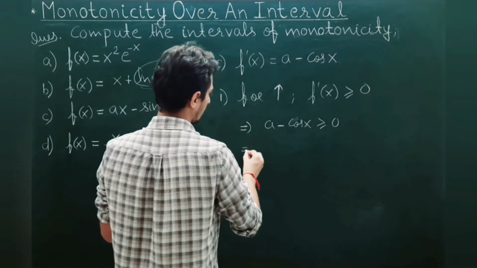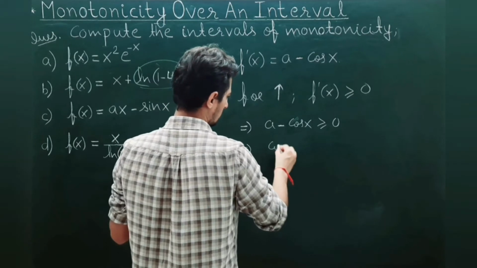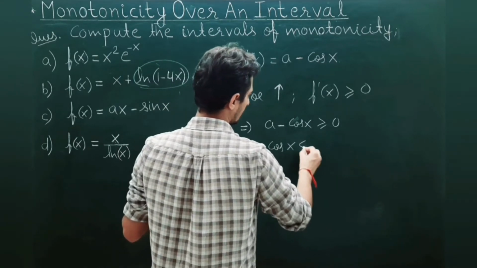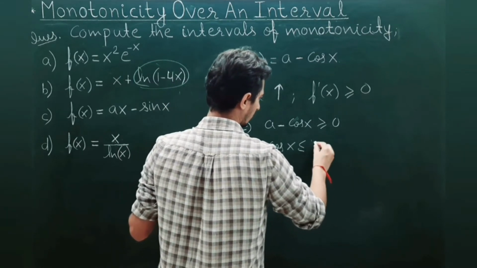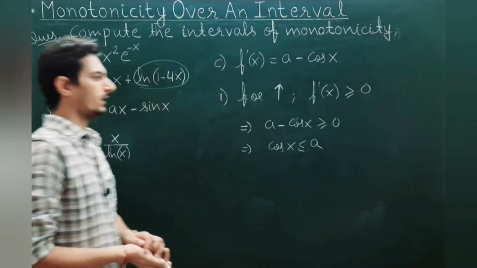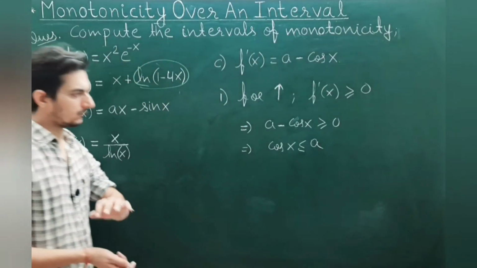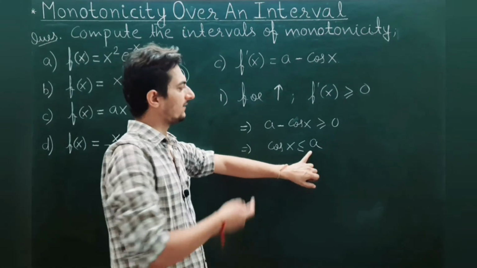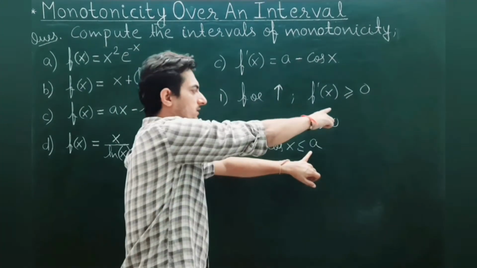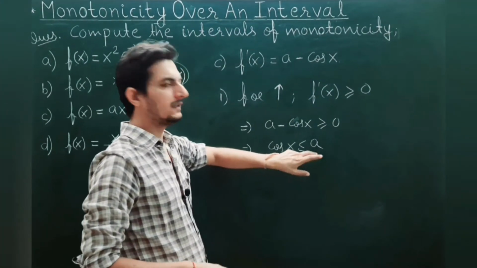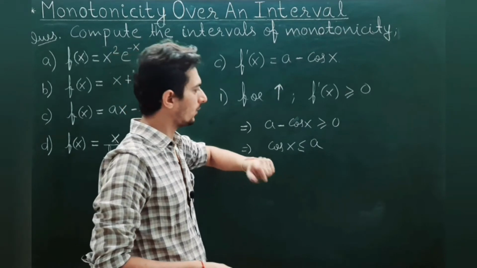I can say that cos x is less than or equal to A. Now check for what values of A this f'(x) is non-negative, or cos x is less than or equal to A.